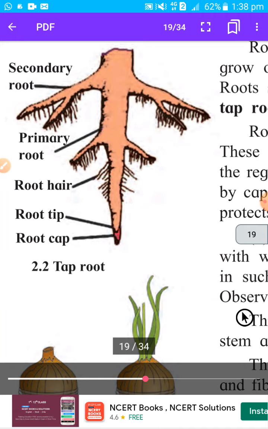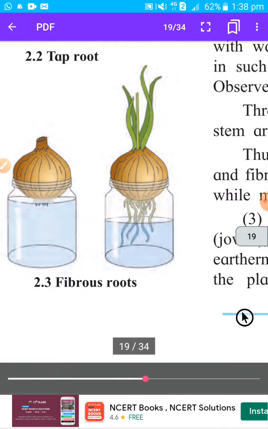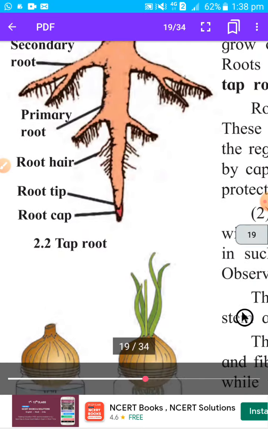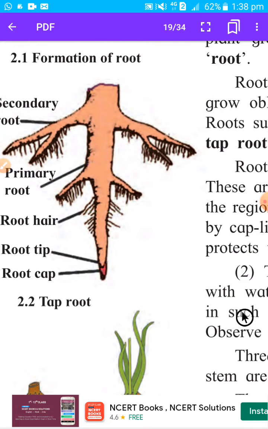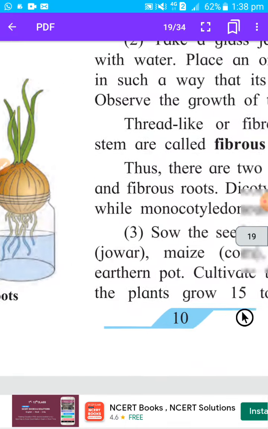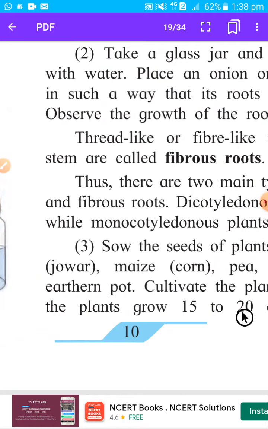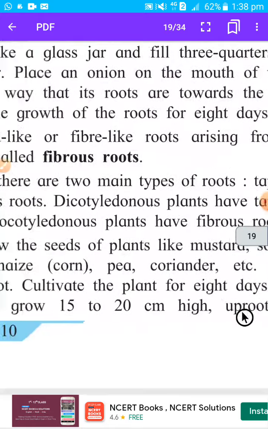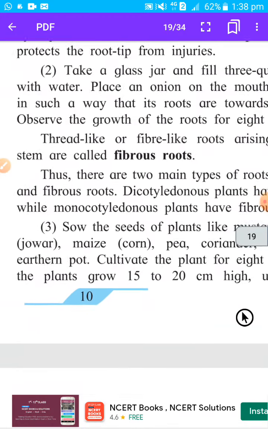It mainly helps in supporting the plant. In fibrous root, fiber or thread-like roots are present, and many roots are developed. That is the difference between taproot and fibrous root. Thus there are two main types of root, taproot and fibrous root.